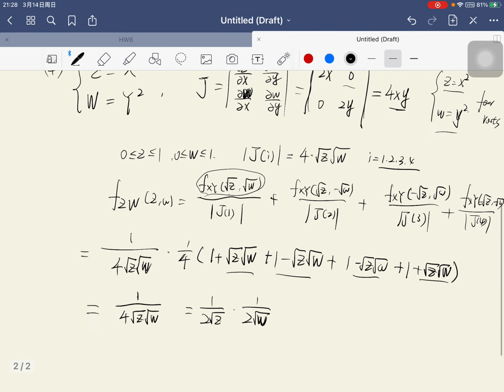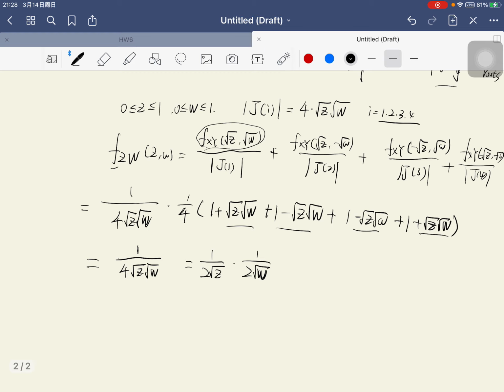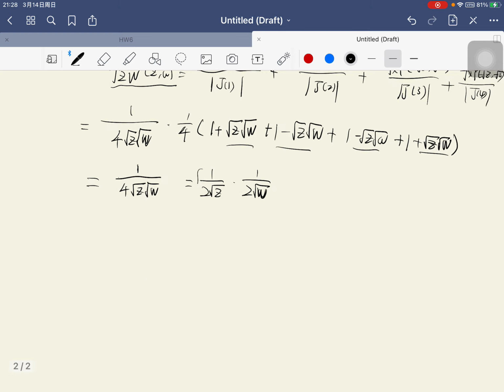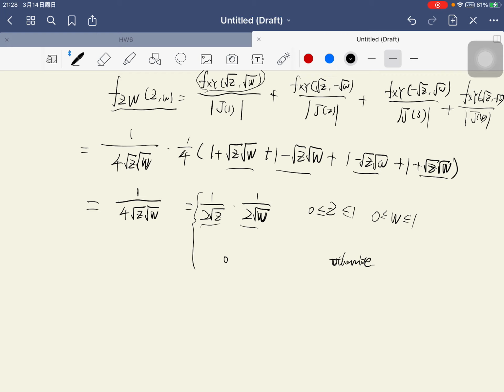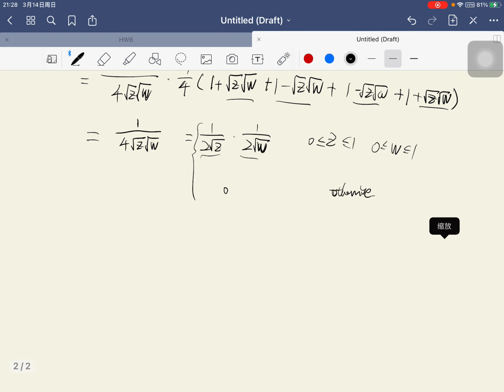This is the (Z, W) density function when z is from 0 to 1 and w is from 0 to 1, and otherwise the value is 0, and it is equal to the 2 parts multiplied together.